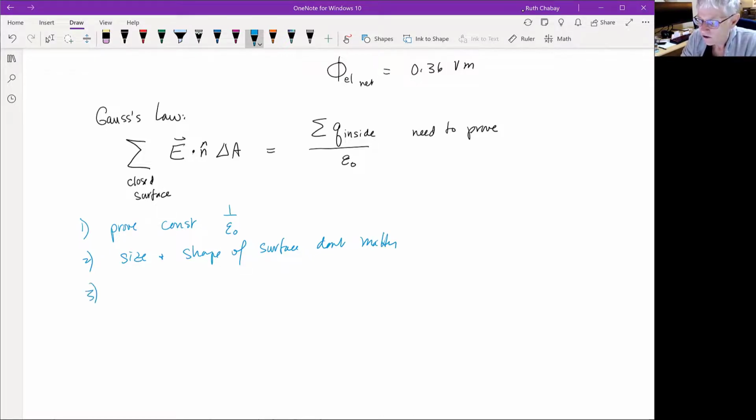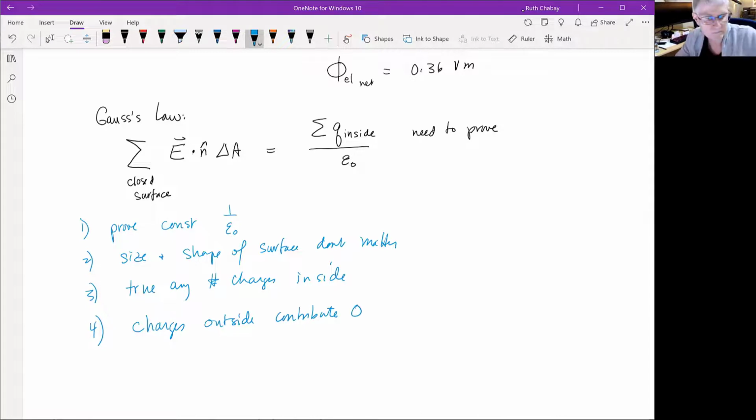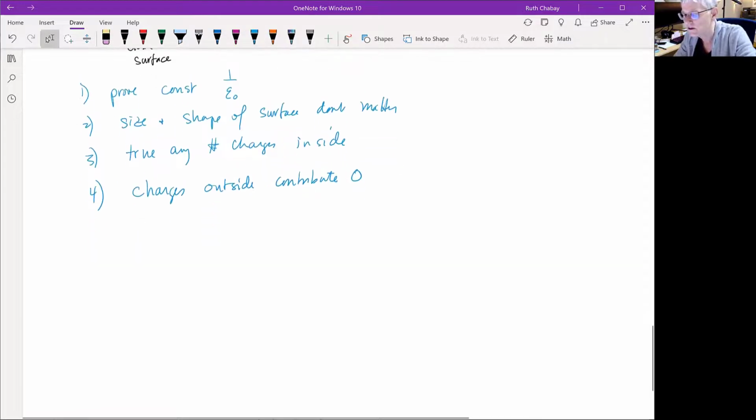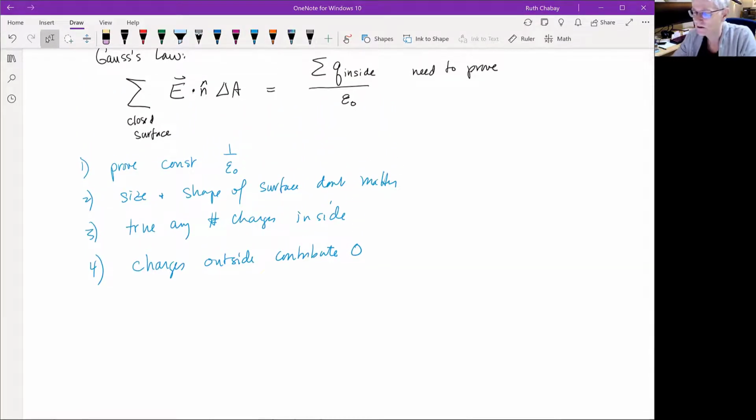We need to prove that it's true for any number of charges inside. And we need to prove that charges outside contribute 0 to our sum. So the first thing is to determine that the constant is in fact 1 over epsilon 0.